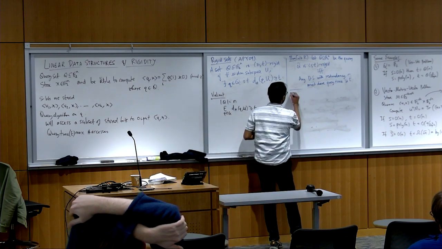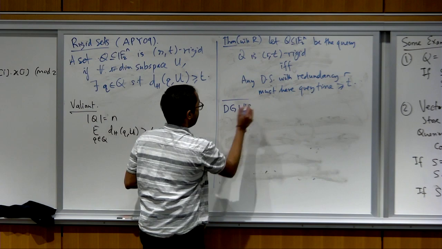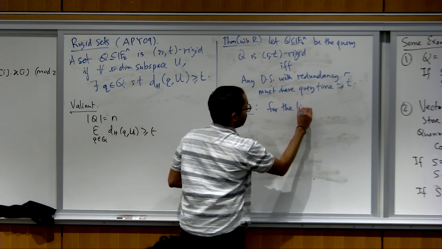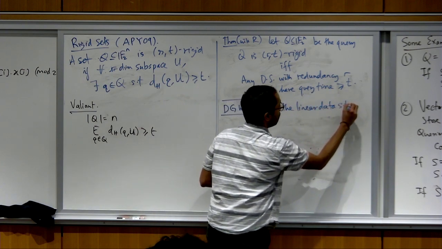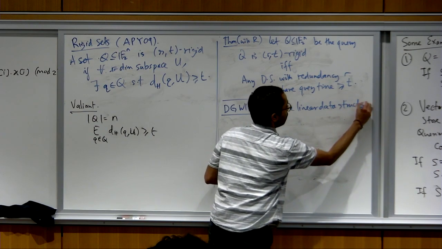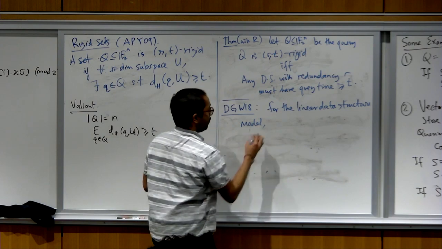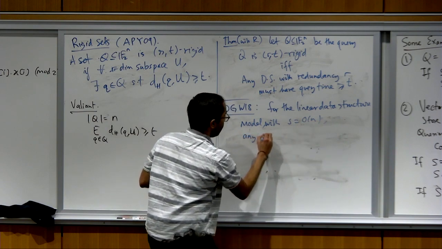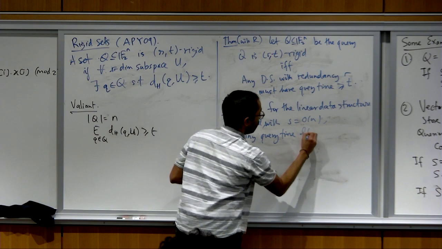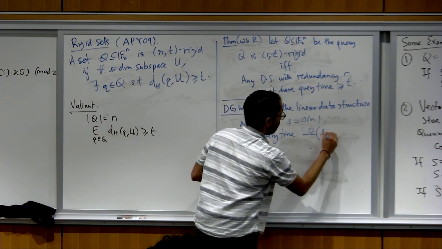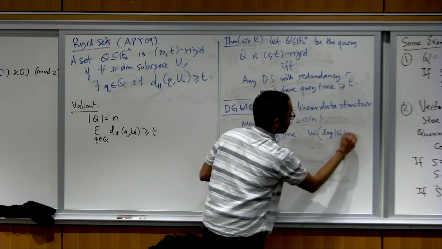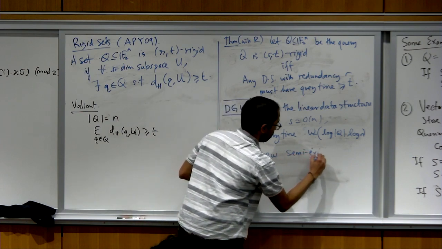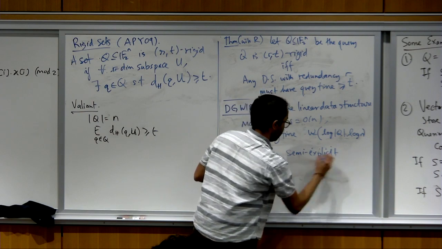Recently, Dvir, Golovnev, and Weinstein in 2018 showed that for the linear data structure model, with space being order n, any query time lower bound of little omega of log size of Q times log n will imply new semi-explicit rigid matrices.